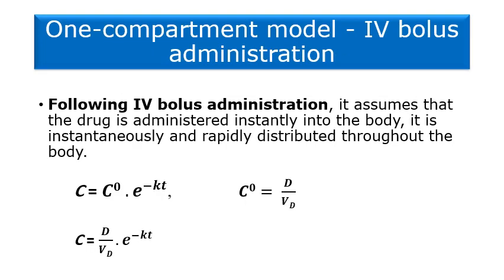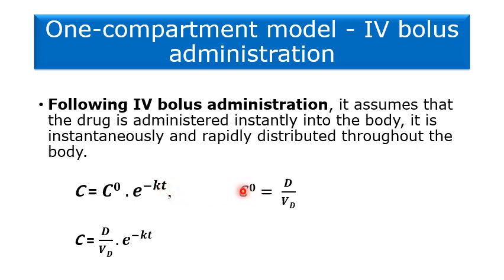Okay, so we start with the one compartment model in case of IV bolus administration. Following IV bolus administration, it assumes that the drug is administered instantly into the body. It is instantaneously and rapidly distributed throughout the body. The equation that can be used to calculate the plasma concentration following IV bolus administration: plasma concentration at any time equals plasma concentration at time 0 multiplied by e to the power minus elimination rate constant multiplied by the time.